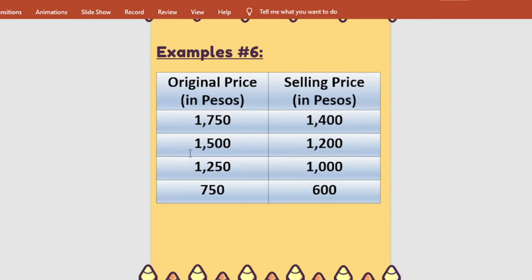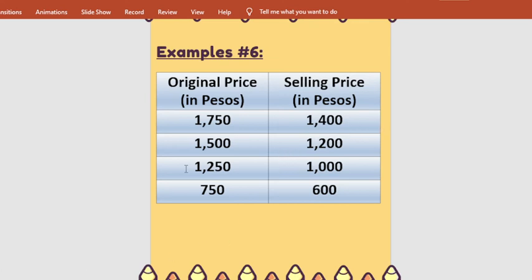The other one is 1,500 and the selling price is 1,200. Based on this data, what have you observed? The original price is higher than the selling price, so this is a markdown.